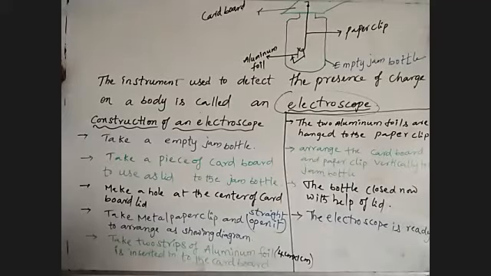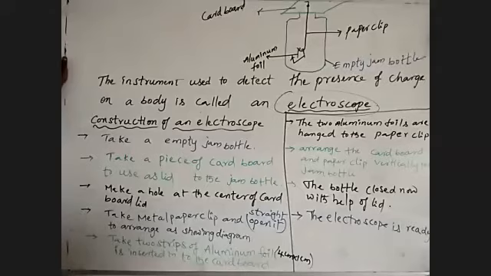This instrument we are using to detect charge presence on your body. This is the construction of an electroscope, how the shape is and how to construct our own electroscope to detect the charge present on a body.